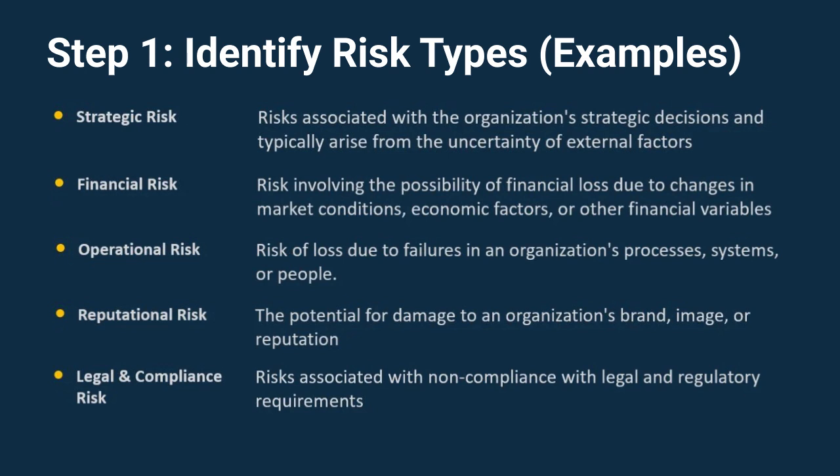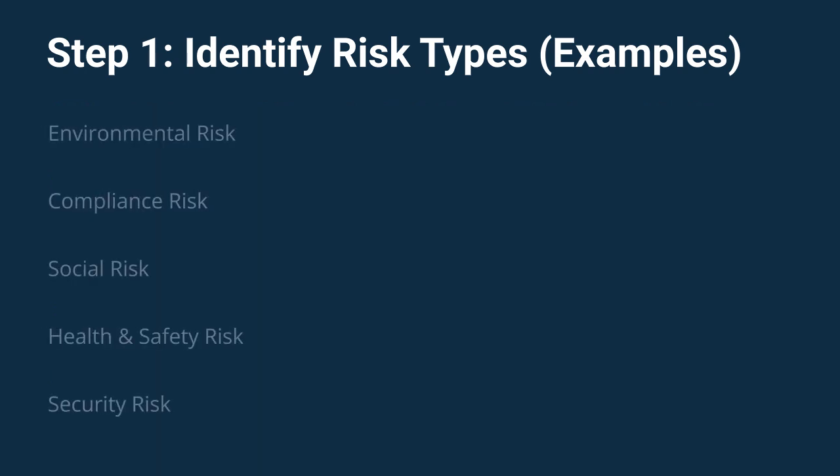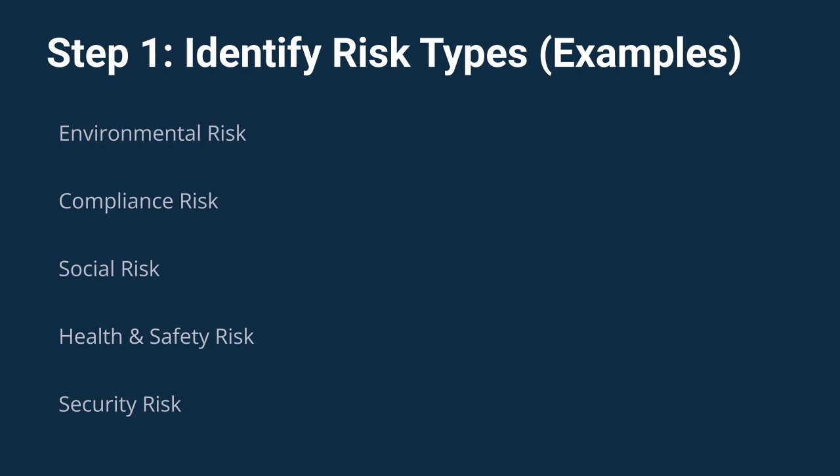Legal risks may arise from potential lawsuits, disputes, or regulatory action against an organization. These can include issues such as product liability, intellectual property infringement, or breach of contract. Other types of risks that you may consider include environmental risk, compliance risk, social risk, health and safety risk, and security risk.